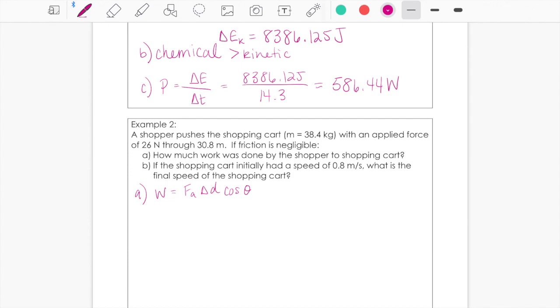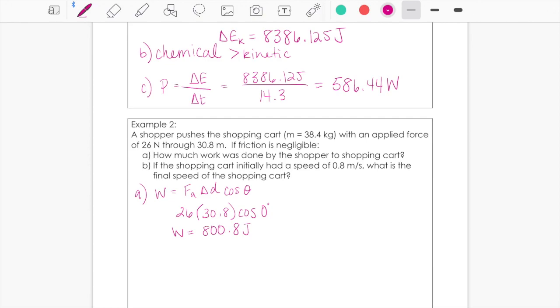The applied force was 26 newtons, the displacement was 30.8, and you are pushing the cart in the direction of the displacement, so it is 0 degrees. We get that work is equal to 800.8 joules.